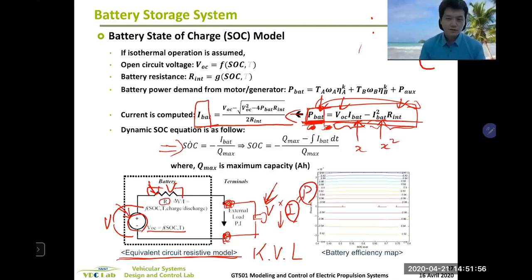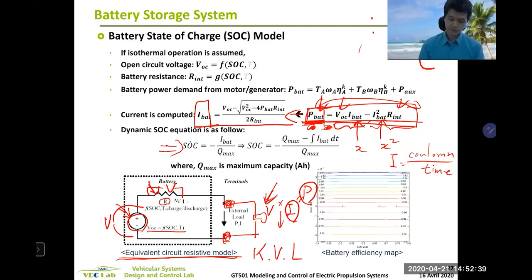Anyway, so charge is what we are trying to count. We want to estimate state of charge, right? And charge means how many coulombs we have in the battery. What is current? Current is coulomb divided by time, right?